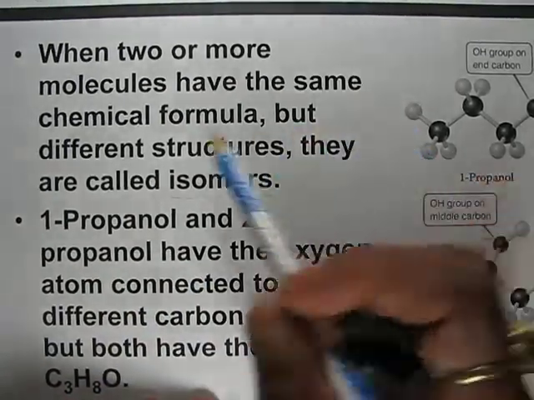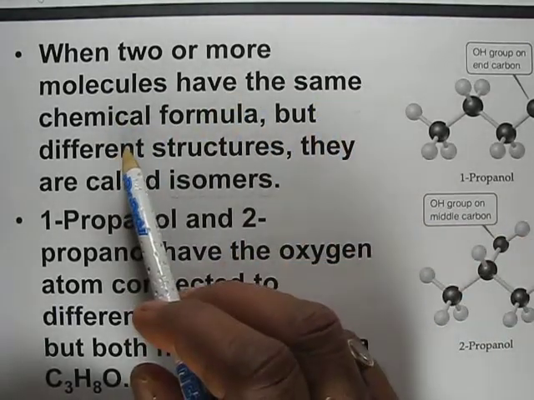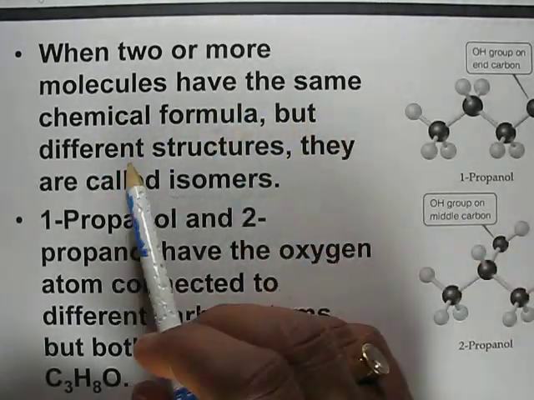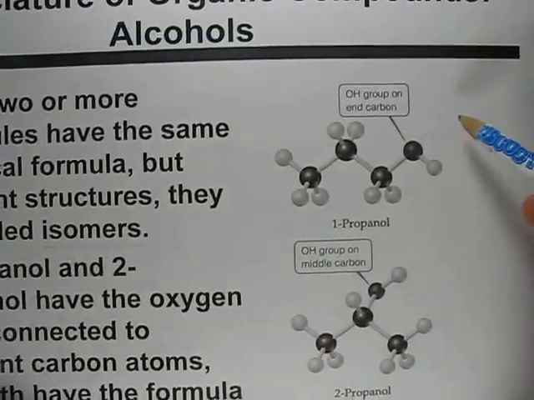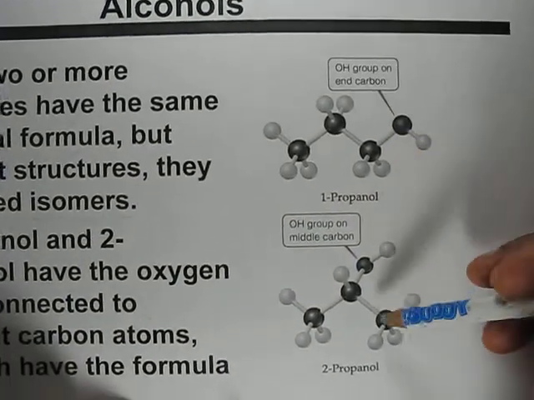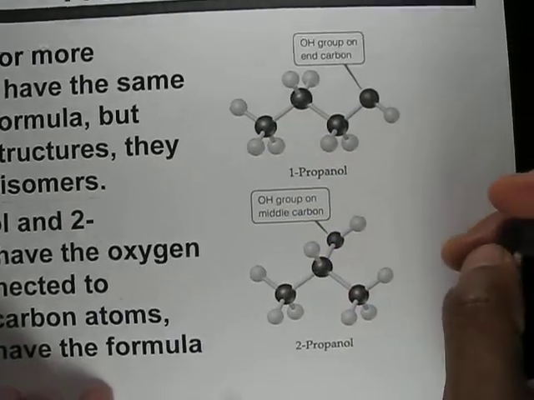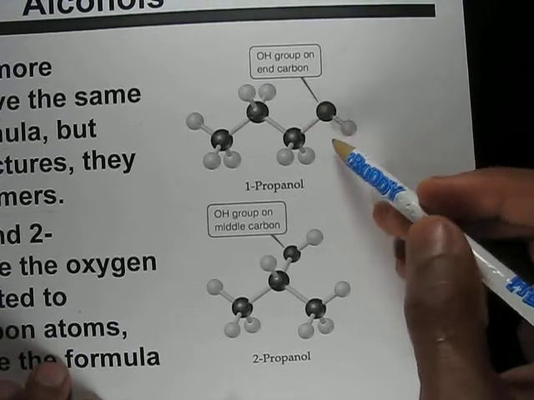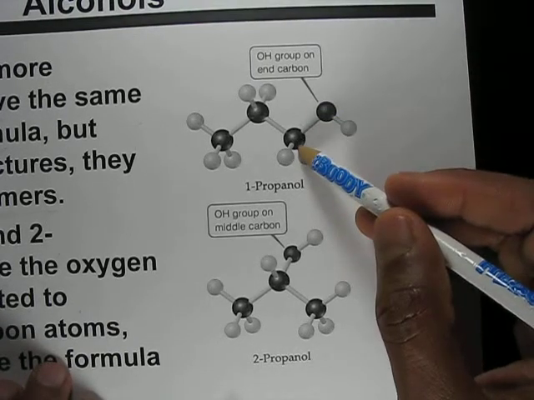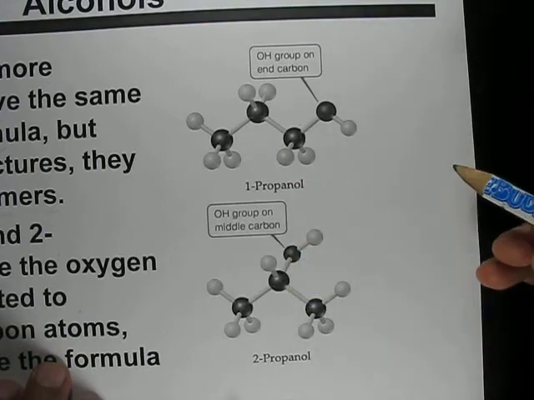And what is an isomer? When two or more molecules have the same chemical formula but different structures, they are called isomers. So 1-propanol and 2-propanol are isomers, and these are the 3-dimensional ball-and-stick models that show the OH group at the end carbon here, and the OH group attached to the center carbon here.